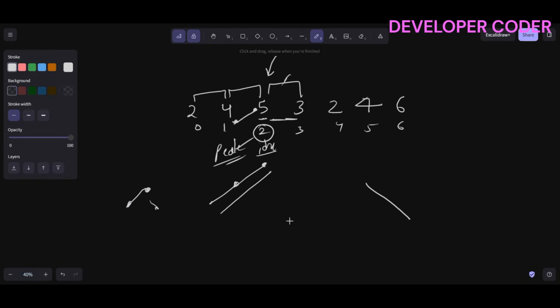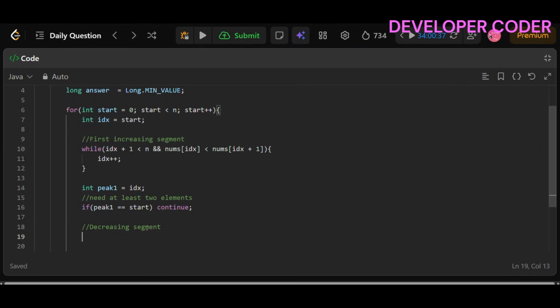So from here, if I need to pick 2 points, that simply means I will pick 4 and 5. So 4 plus 5 I need to do. That simply means in the sum I will add this 4 and 5. So here I am going to write long sum is equal to nums at peak 1, okay?